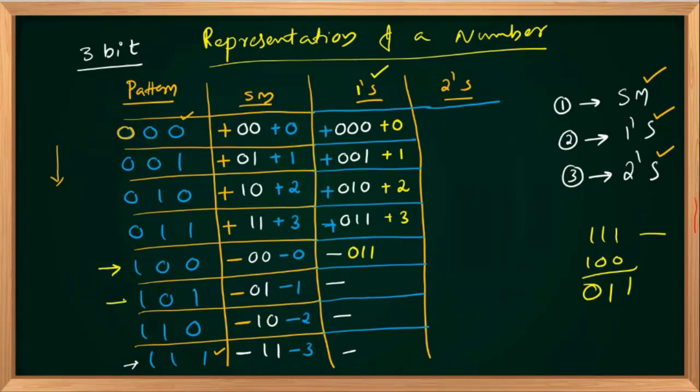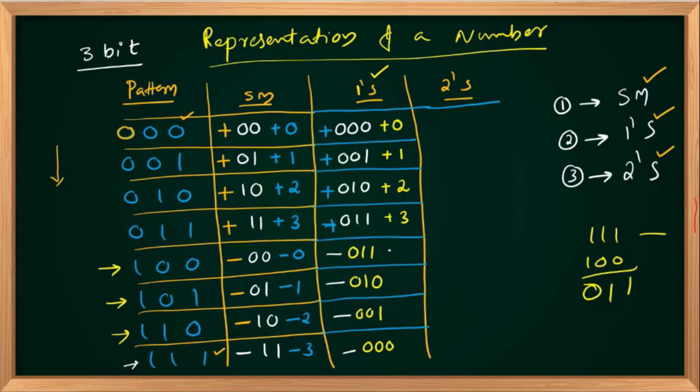Again, here also the number is negative, so I should take the 1's complement before obtaining its decimal equivalent. 101's 1's complement is 010. 110's 1's complement is 001. 111's 1's complement is 000. Then go for their decimal values.